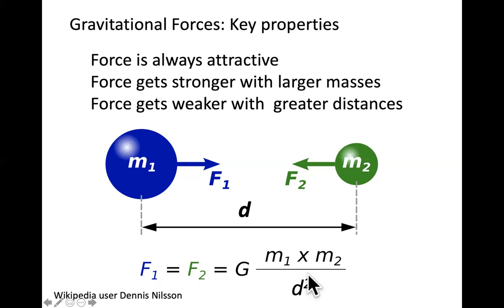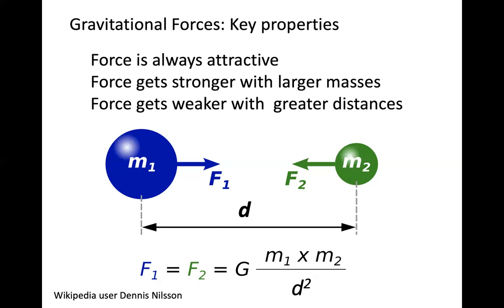This is indicated in the formula by saying that the force goes like 1 over d squared. So as d gets bigger, the force gets weaker because you have a bigger number in the denominator, and it drops off by a factor of d times d. So if you pull them 3 times as far apart, the force goes down by a factor of 9, and so forth.